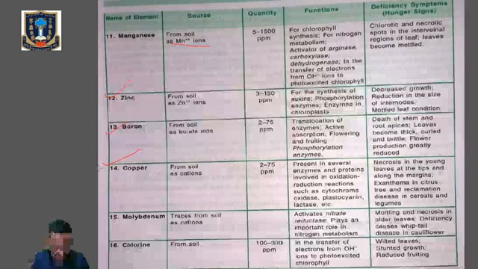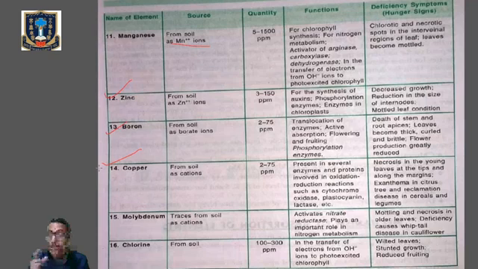Symptoms of copper deficiency include reduction of carbon dioxide absorption in the plants. Young leaves exhibit necrosis at the tip and along the margins. Exanthema in citrus tree. Now what does exanthema mean? Write it down. In exanthema, they attack the roots and produce harmful substances.